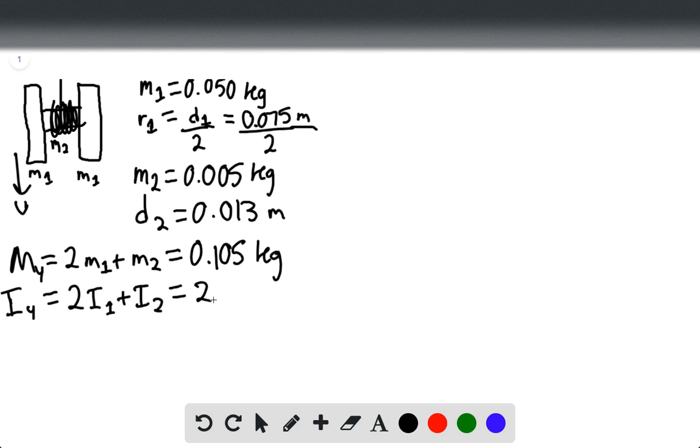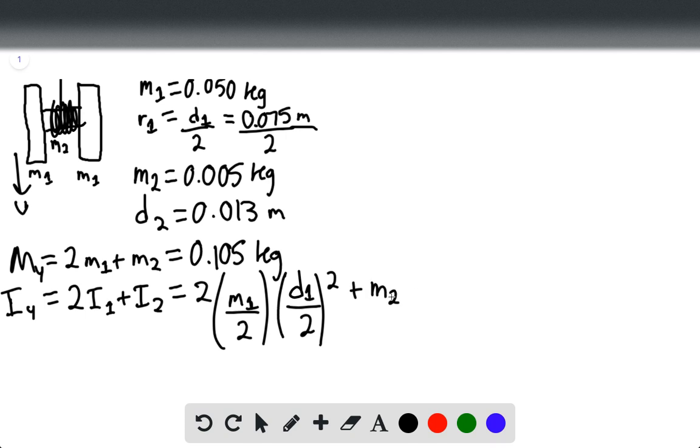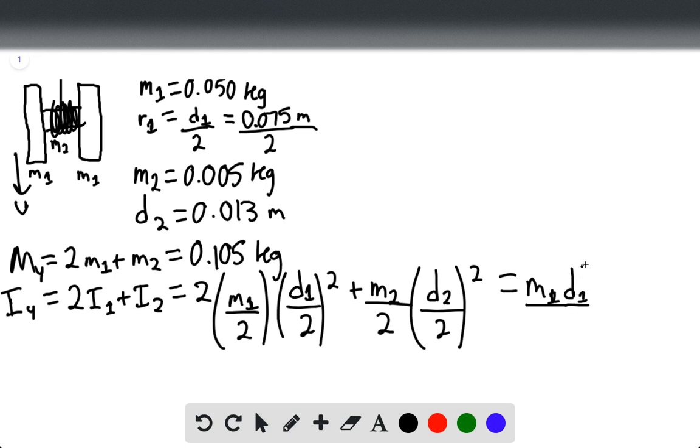This is going to be equal to 2m sub 1 divided by 2 times d sub 1 over 2 squared plus m sub 2 over 2 times d sub 2 over 2 squared. And this is going to equal m sub 1 d sub 1 squared over 4 plus m sub 2 d sub 2 squared over 8.